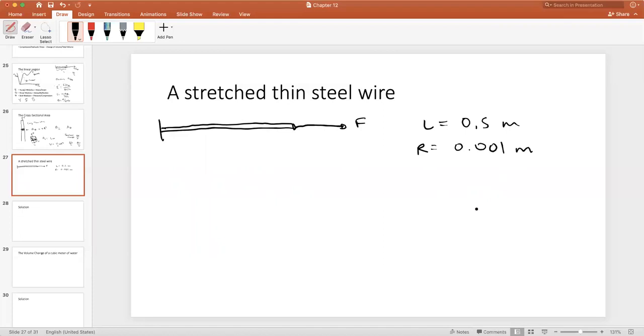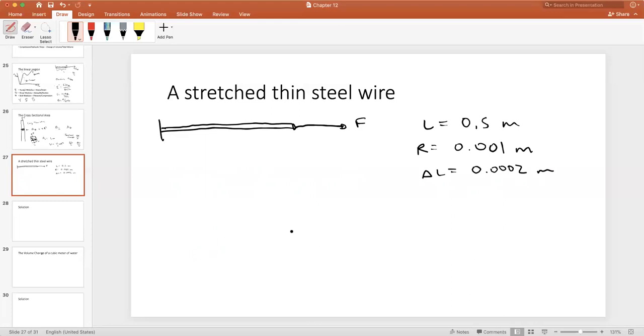So it's 1 millimeter in radius, which is pretty big actually, but we notice that there's a length change of 0.0002 meters. So 0.2 of a millimeter.